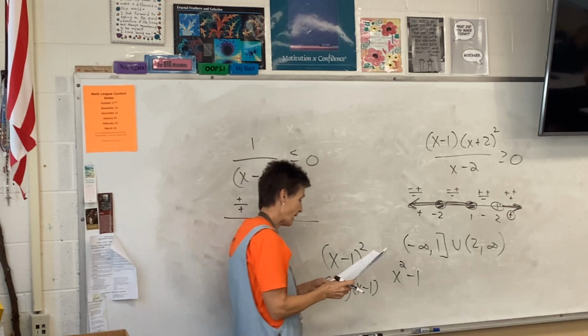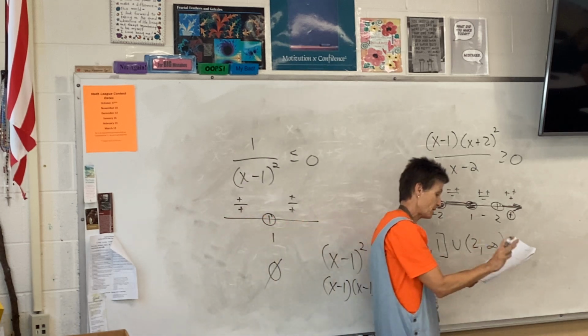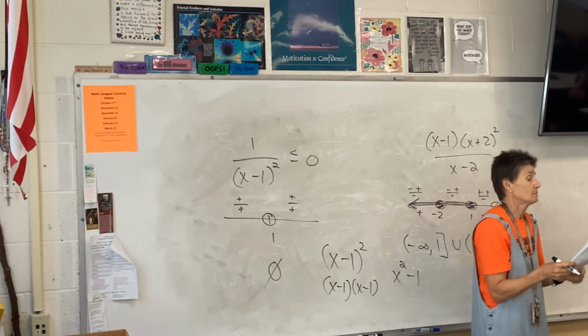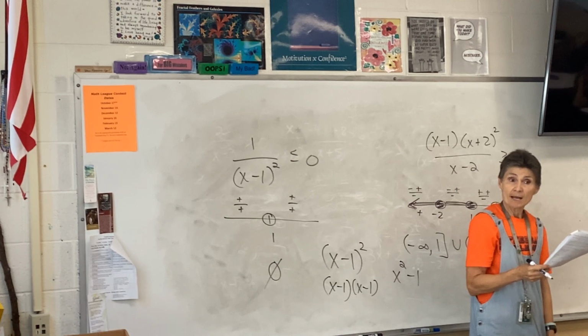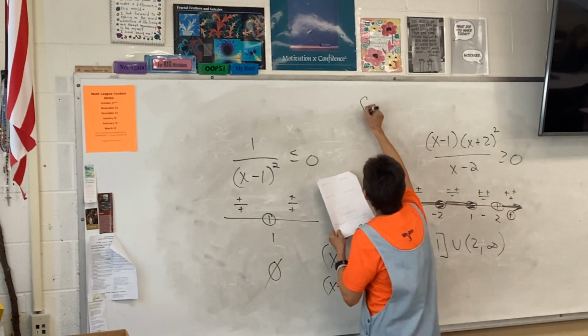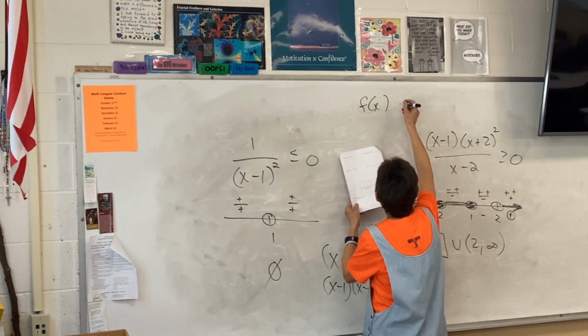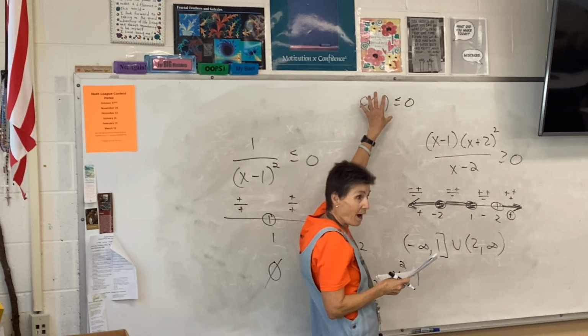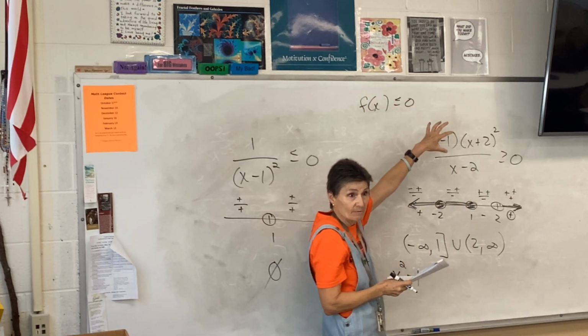All right, and then finally number 7, the picture is there. Use the graph to solve it. So you don't need a sign chart, you're just looking at the graph. What does A mean? What am I looking for? Y is negative.